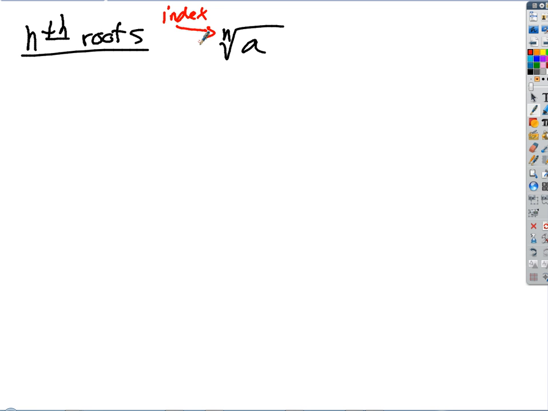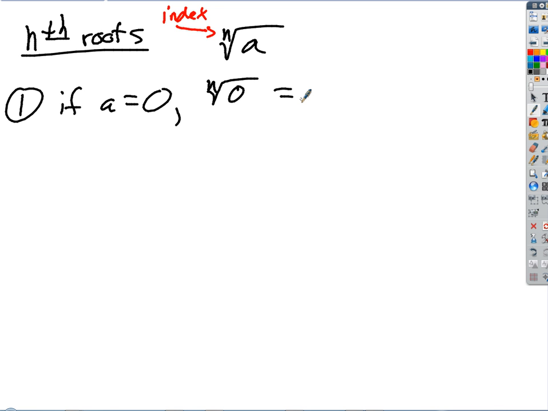There are some rules that go with this. Here's what we know about the index. First of all, when we're taking nth roots, we'll break these up into cases. If a equals 0, that's easy. Regardless of what the index is, the nth root of 0, where n could be anything, is always what? 1?